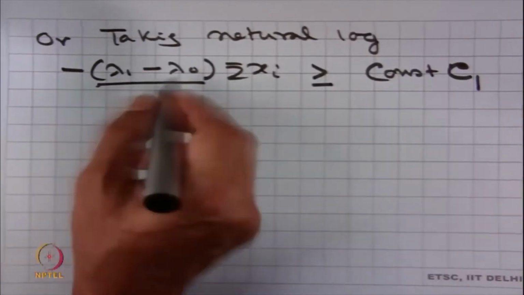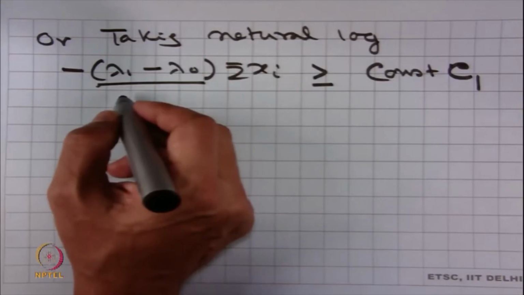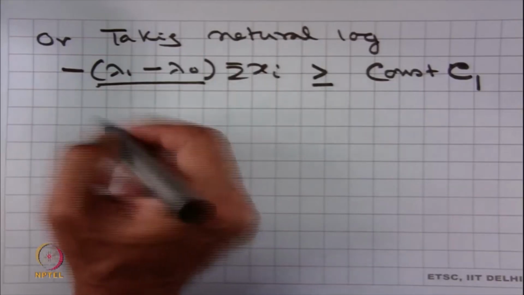I am interested in the relative values of lambda 1 and lambda 0.